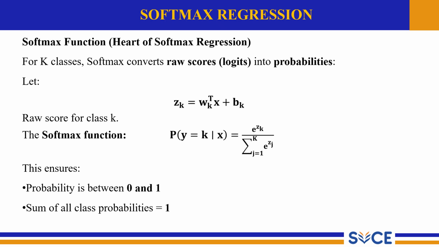So each probability is between 0 and 1, and the sum of all class probabilities equals 1. This ensures that the model outputs a valid probability distribution over all classes, making it suitable for multi-class classification.